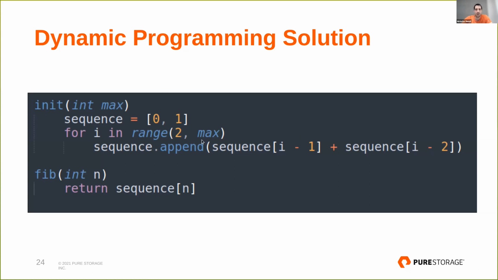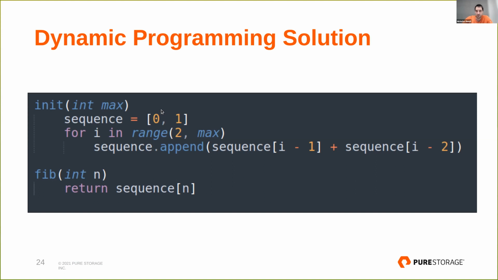I have it set up this way with the initialize function because that's closer to what you might see in a real life situation where you pre-calculate all these numbers and then your fib function is really fast. It's just one array access. Depending on the constraints of the problem, you might have to put this in here, but that's okay. That's still linear time because it's just one for loop to calculate that sequence. But yeah, this is what it might look like for dynamic programming.